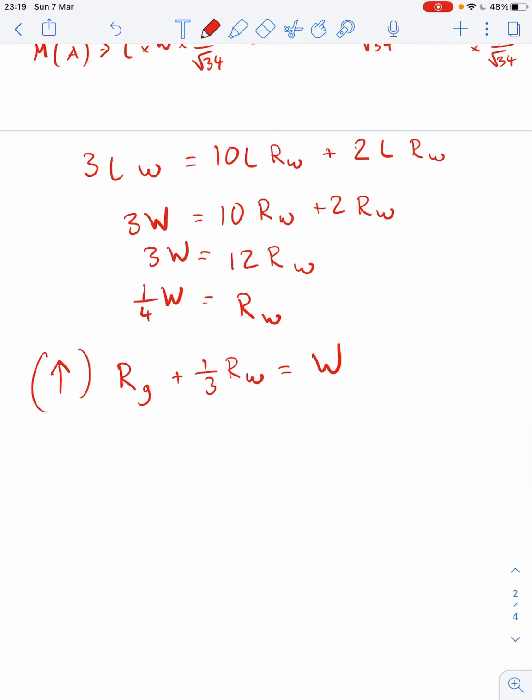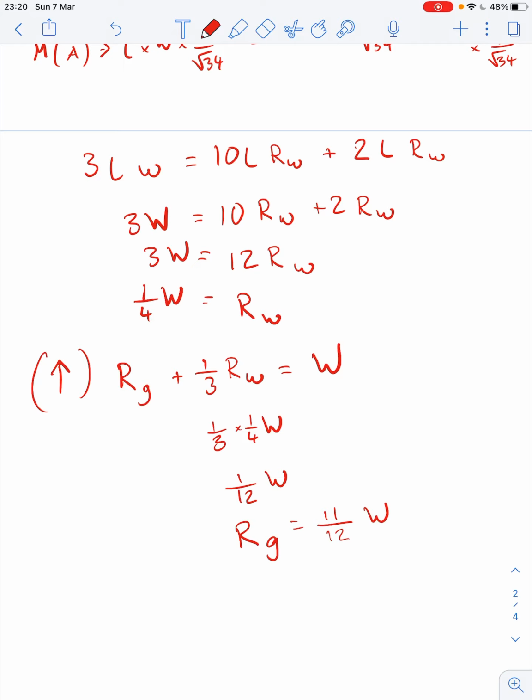So RG we don't know, but RW we do. It's a third now times a quarter W, which is a 12th W. So the reaction at the ground is going to be 1W minus a 12th W, which is 11/12 W.